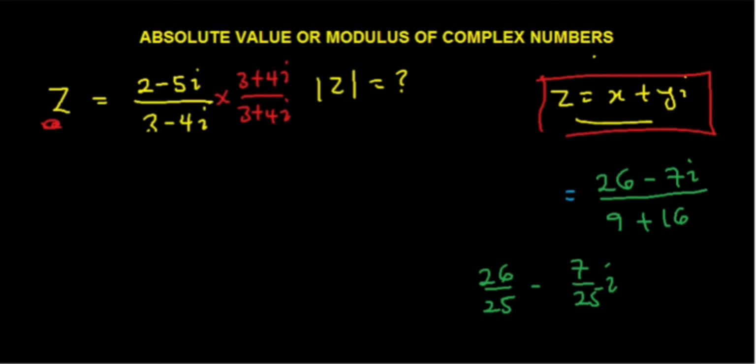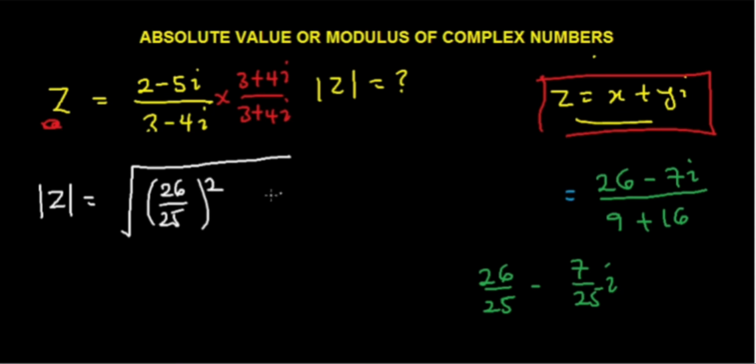The modulus of z will be the square root of 26 over 25 squared plus 7 over 25 squared.